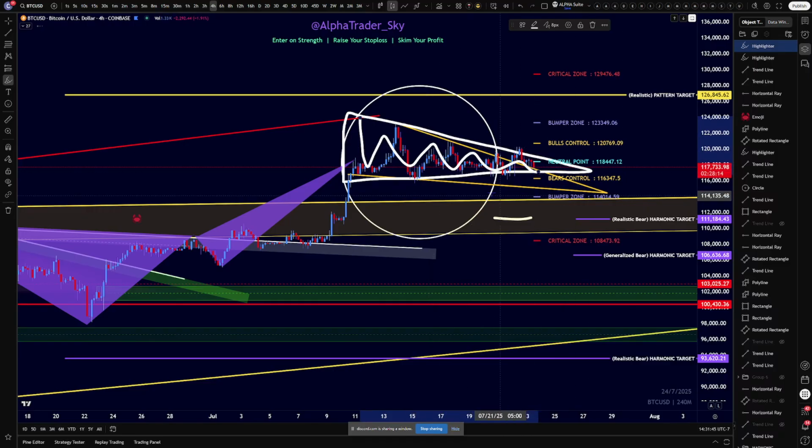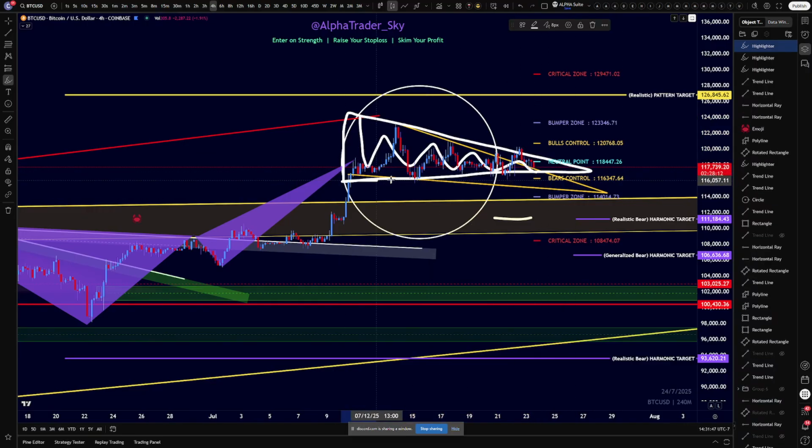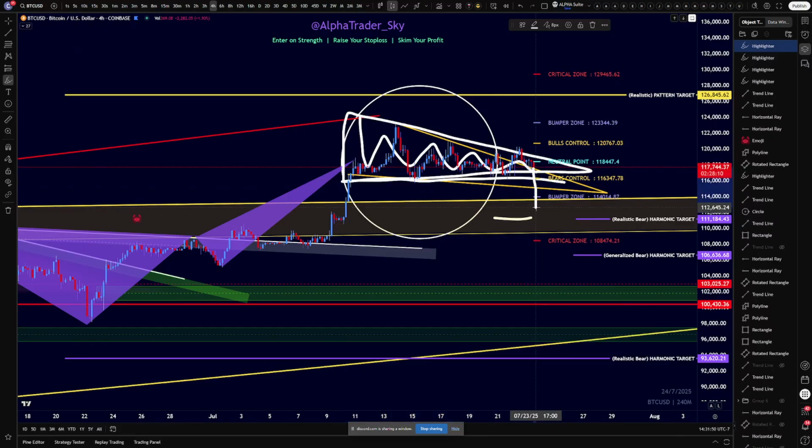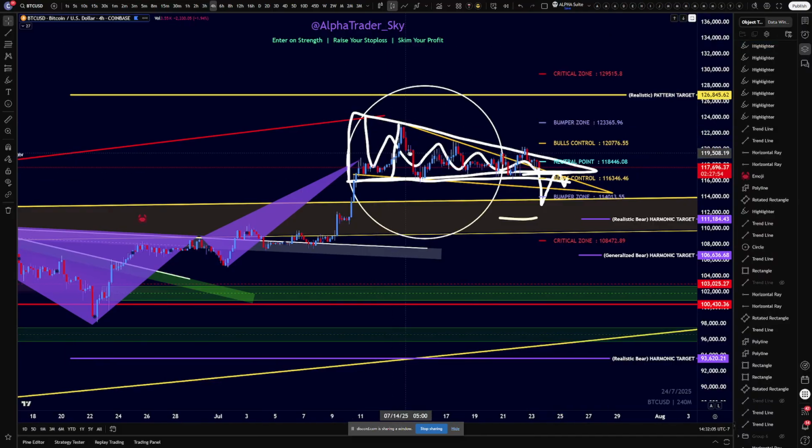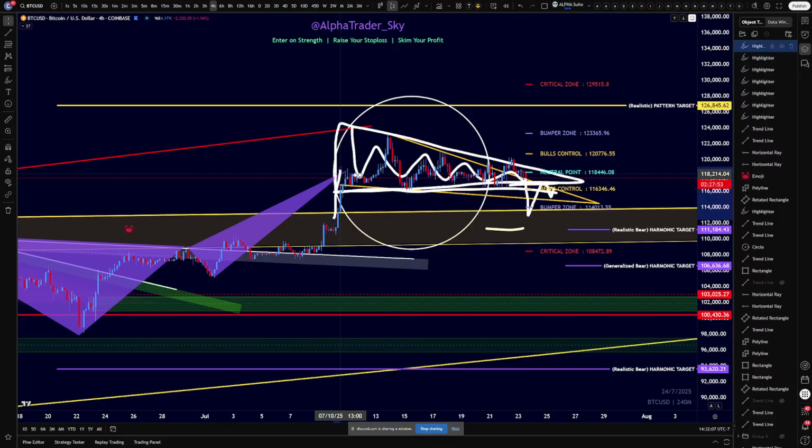Now, the danger is that if we lose this low, and we don't just wick down and make a higher low, if we lose this low and we backtest it bearishly and just can't break back above this, there's a good measured move to the downside, and we can just take a range duplication estimate. It's one of the dumbest ways you can do a measured move, but hey, they work quite often, and we can see that we have a measured move down to 110,000.